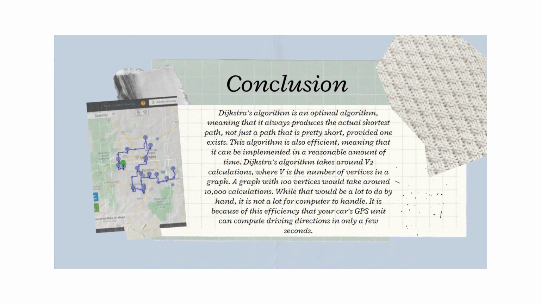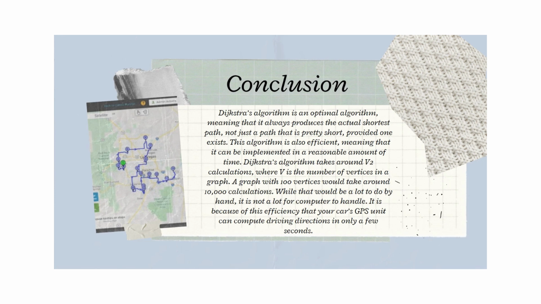Concluding the presentation, we can say that Dijkstra's algorithm is an optimal algorithm, meaning that it always produces the actual shortest path, not just a path that is pretty short, provided one exists. This algorithm is also efficient, meaning that it can be implemented in a reasonable amount of time.